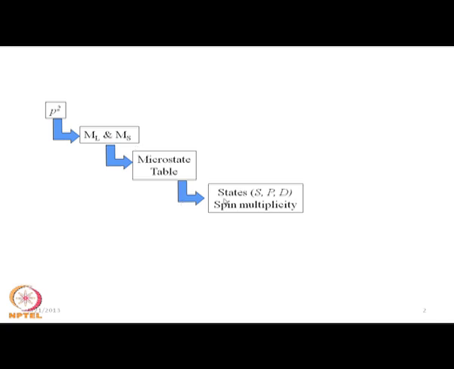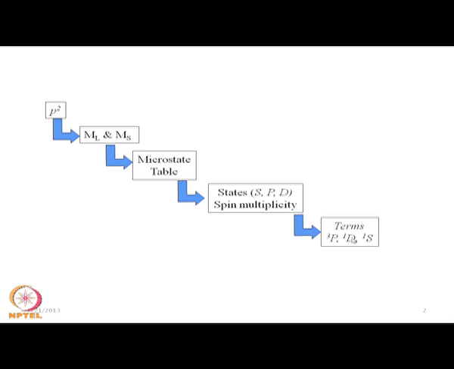Then we can get the states, S, P, D, having some spin multiplicity. These are the possibilities: S, P and D levels, depending upon the capital L values of 0, 1 and 2. If it is 0 it will be S, if it is 1 it will be P and if it is 2 it is D.